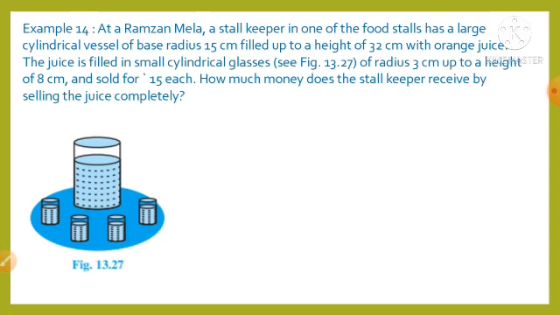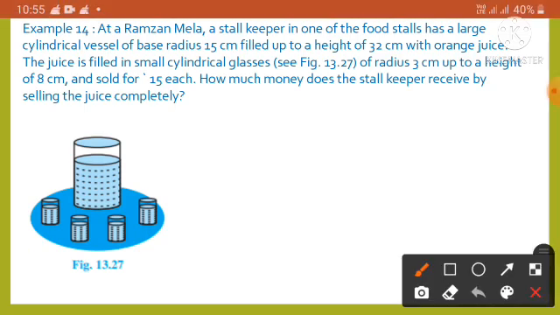Now at first we have to find out the volume of juice in the vessel. So what is the volume of the juice in the vessel? To find it out, we need the formula for the volume of the cylindrical vessel. We know here it is pi r square h.